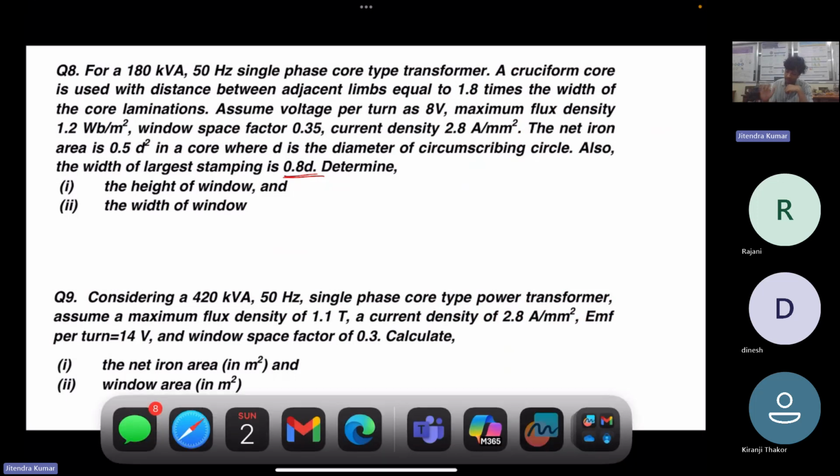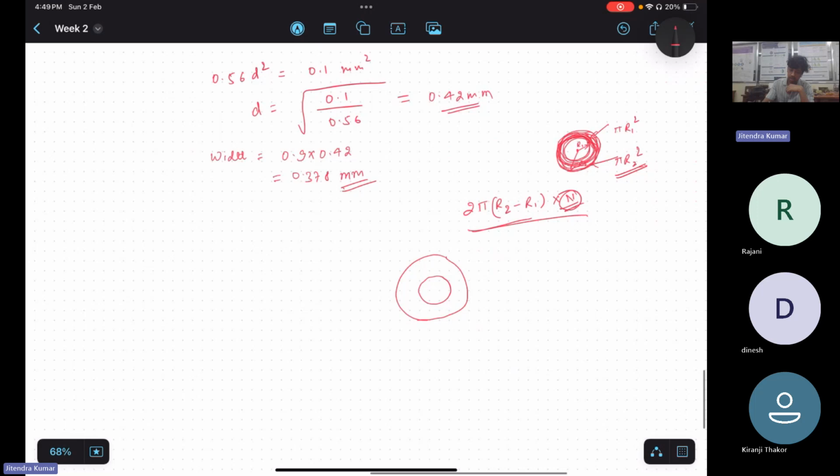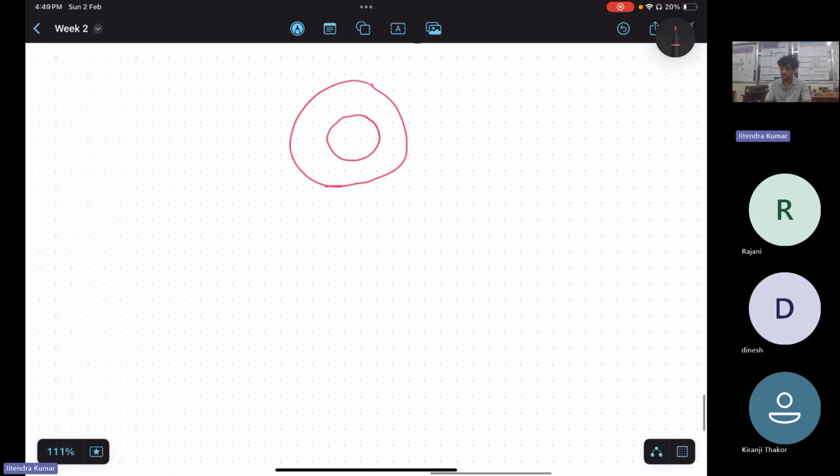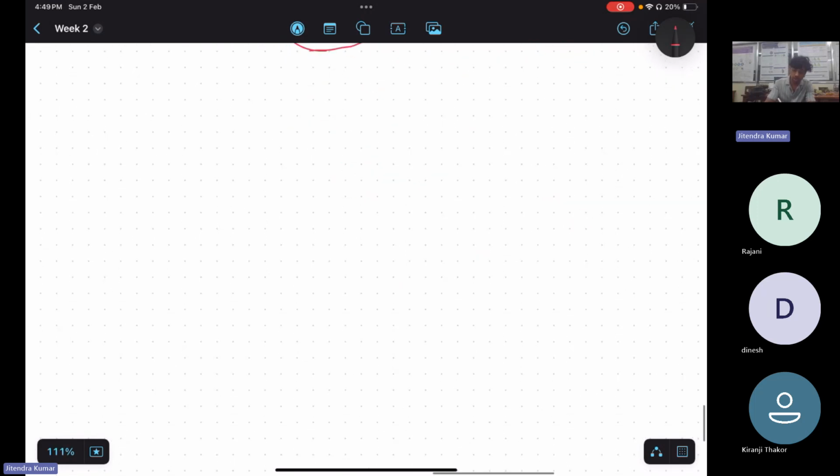So see, we have derived at the beginning of the session that KVA is equal to 2.22 into F into phi m into KW into AW into J. I think that's all the terms, right?